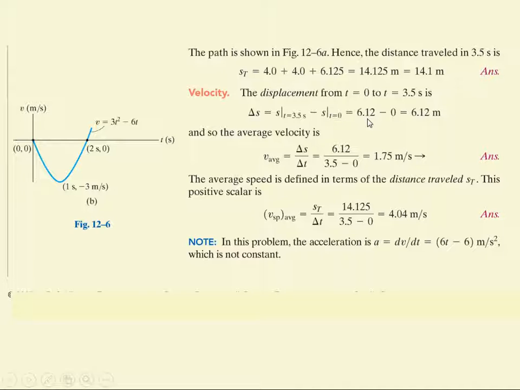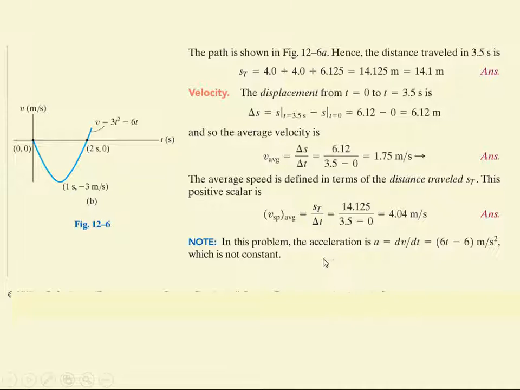So this is the position 6.125 minus 0. The average velocity is delta s over delta t. Delta s is 6.125, delta t is 3.5, so 1.75 meters per second. Then the average speed is defined in terms of the distance traveled, so the speed is the total distance over delta t. This would be 14.125 divided by delta t, and that is 4.04 meters per second.